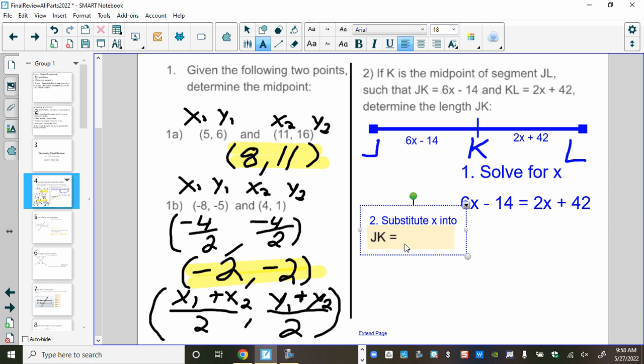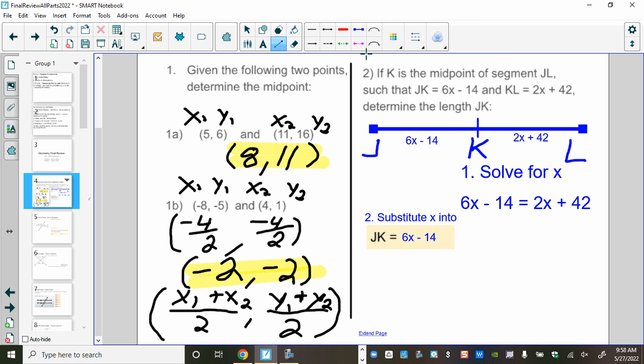Well, what's the expression for JK? Which expression is JK? 6x minus 14. Very good. So part one, you'd have to solve for the x first. You should get a whole number.